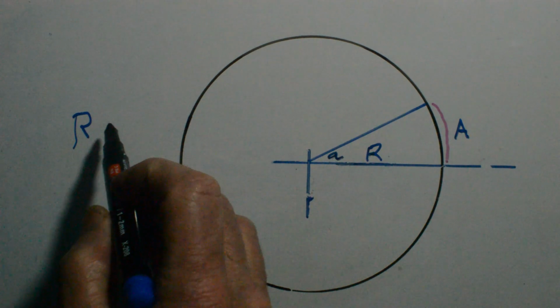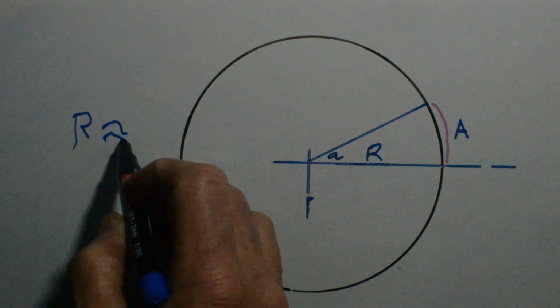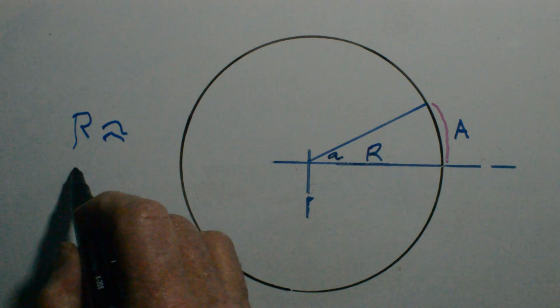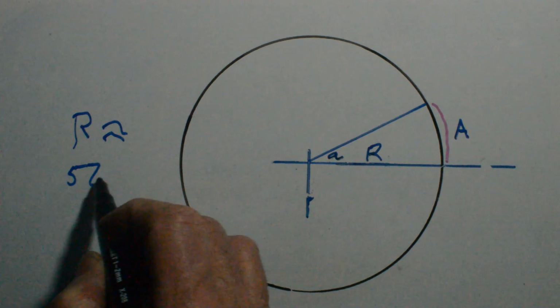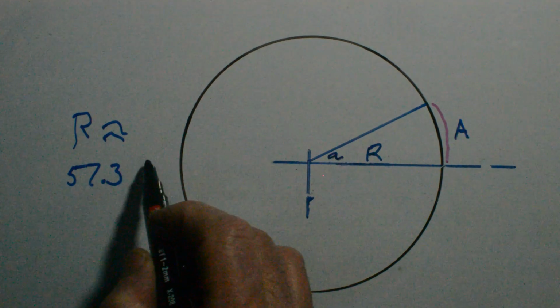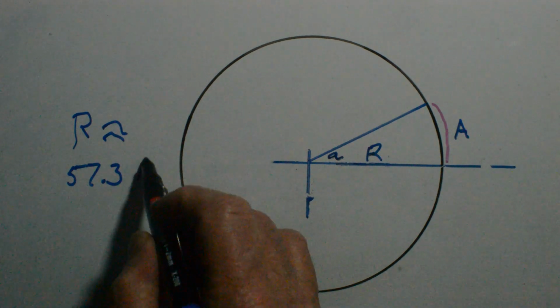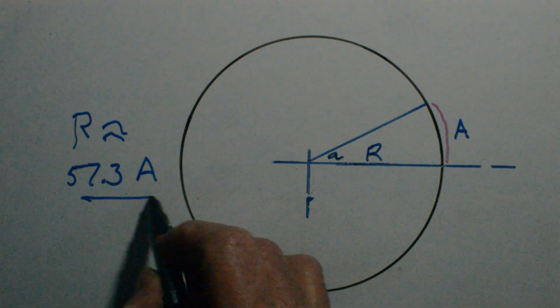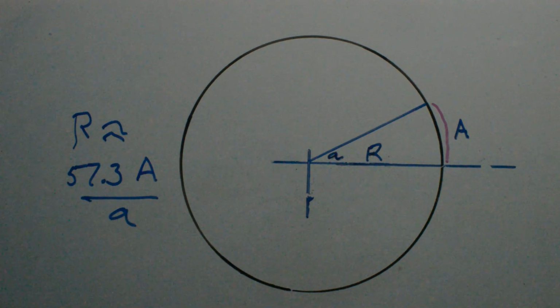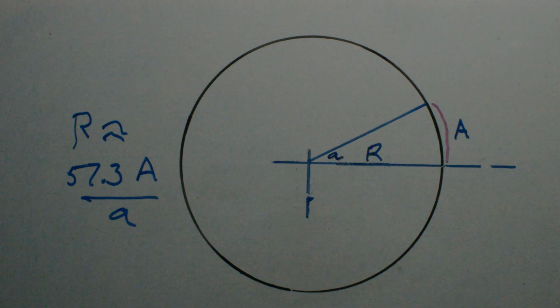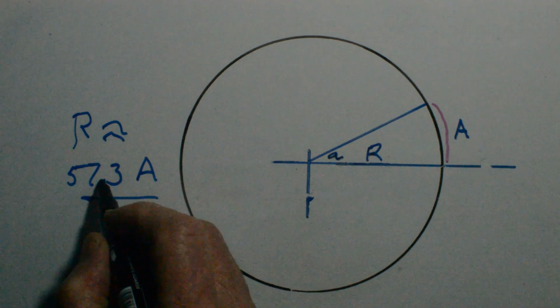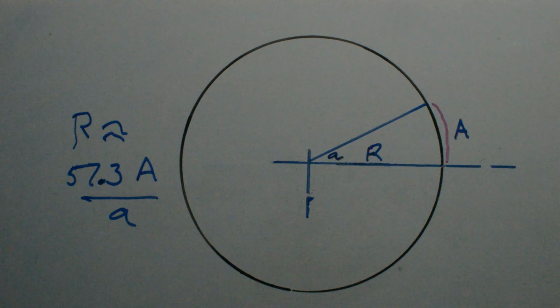R is approximately equal to 57.3 times A divided by a. Make sure you get that point in there.